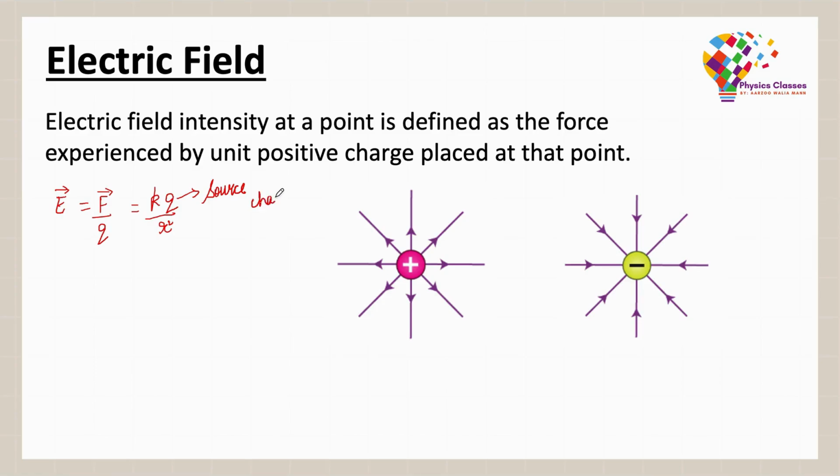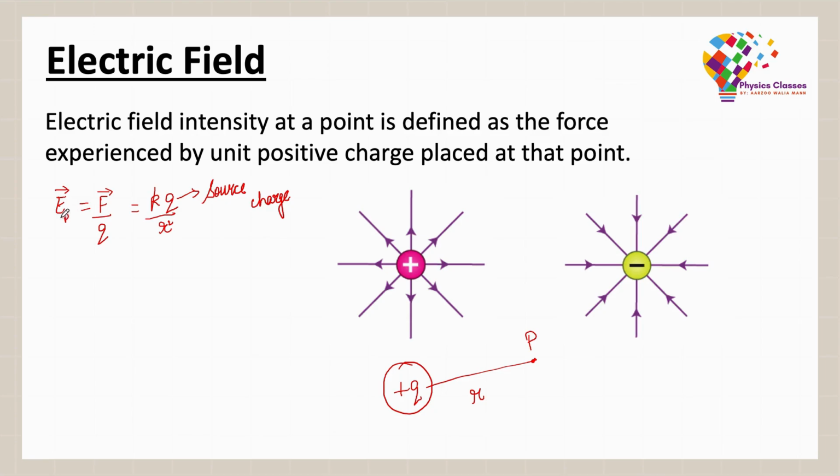Further, over here, the main idea is that let's say that I have a charge Q and I want to figure out the influence of this charge or the electric field due to this charge at a distance r from it. Let's say that this is point P. So the electric field at this point P would be given by KQ by r square.